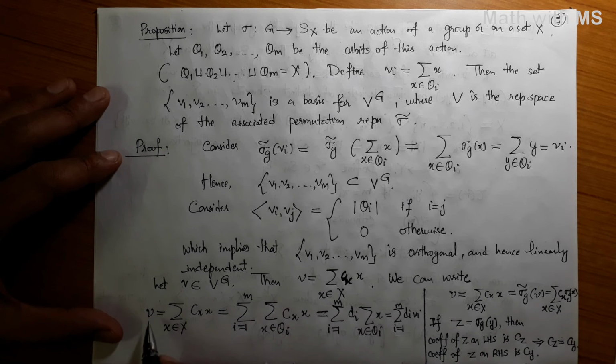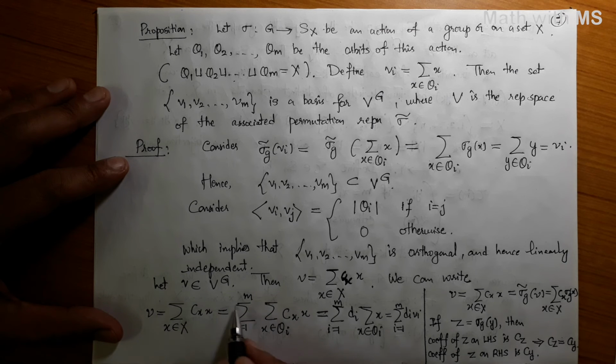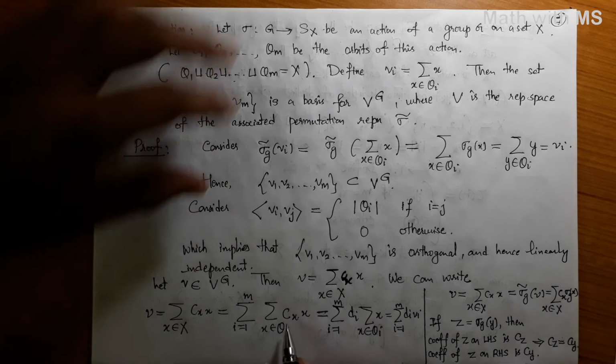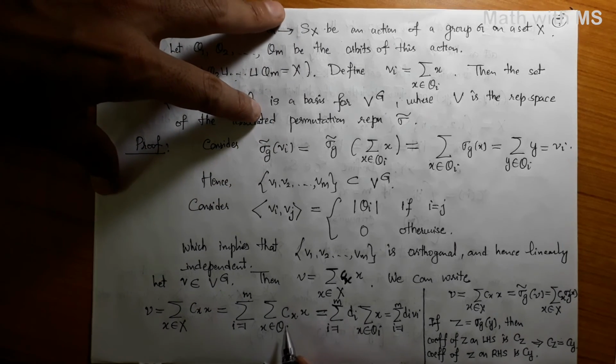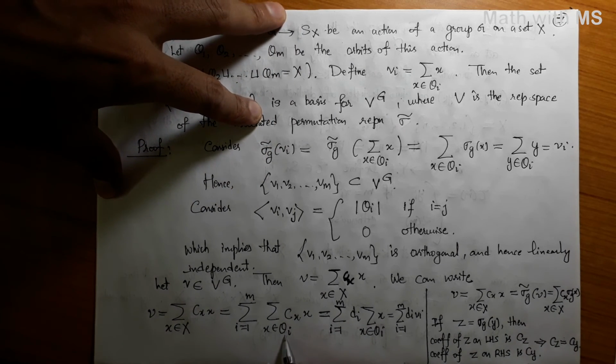So if v is the sum of Cx x, x in X, I can rewrite it as a sum over i from 1 to m, where I put them in blocks of the orbits: the summation of Cx x, where x is in orbit Oi. But I know that all the coefficients of all the vectors x which lie in the same orbit are the same, so all these Cx are the same for x in Oi. Let us call them Di.